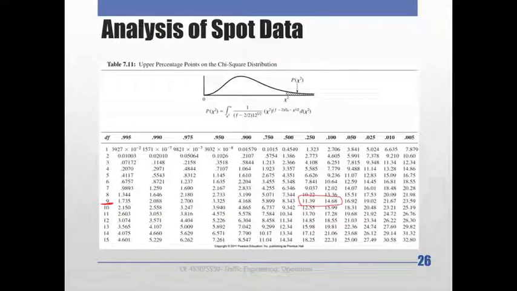So what you need to do is you need to interpolate between these. Get your probabilities in here, and I can tell you very clearly that the probability is between 10% and 25%. It is going to be greater than 5%. So this is basically normally distributed at 95% confidence.